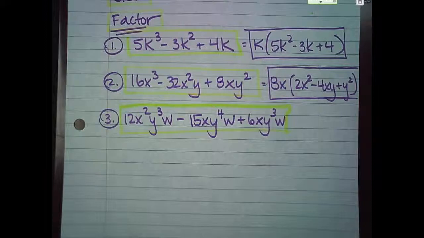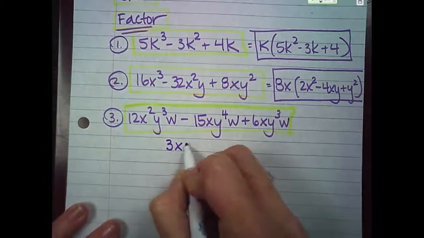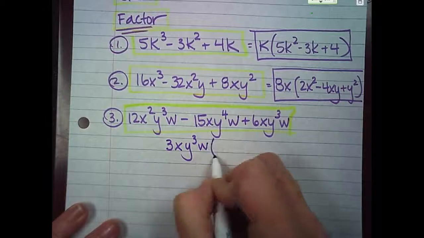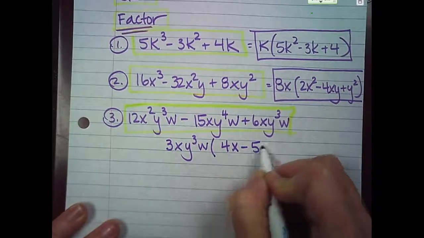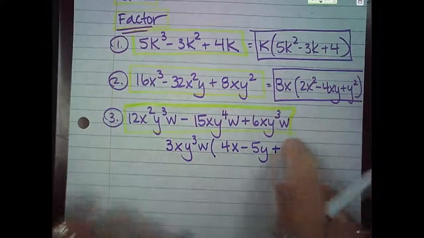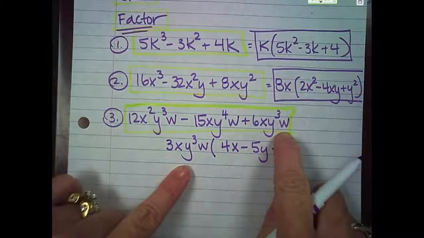A 12, a 15, and a 6, what can you take out? A 3. So what else? A 3, an x, a y cubed, and a w. Leaving you with a 4x, a 5y, and, what was left in the last one? Everything cancels but 2.